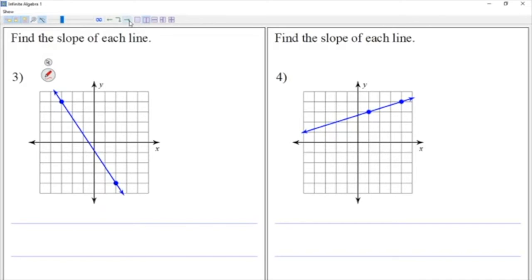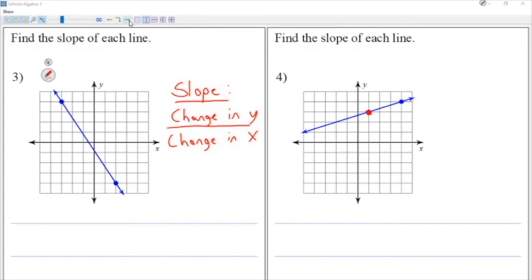Now before I go back to talk about the starting point, I want to go through some problems and make sure we understand slope. Remember that slope is change in Y over change in X. And I'm actually going to start over here with number 4. So the question is, from this first point, how do I get to the other point? And remember, we want to measure the change in Y over the change in X. So we'll start with the change in Y. And in this change, I am moving upwards. We are moving up 1.